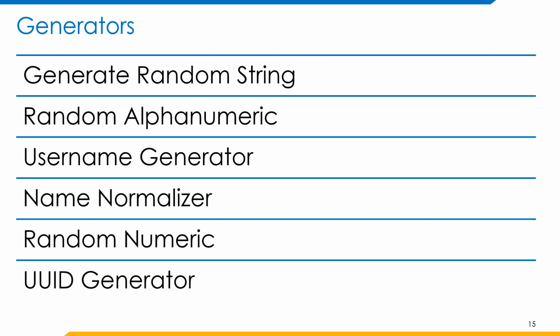Under the generators transform, there are 6 different transforms present. Generate random string. The generate random string transform is provided through the SailPoint Cloud Service Utility rule. This transform allows you to generate a random string of any length. Random alphanumeric.